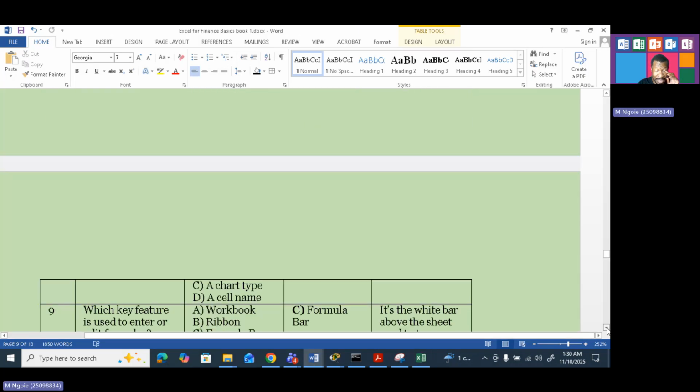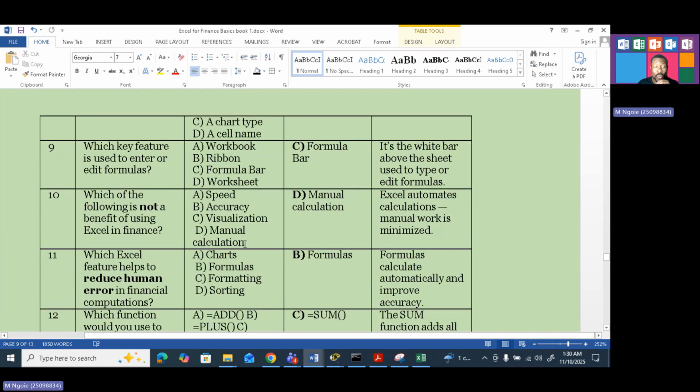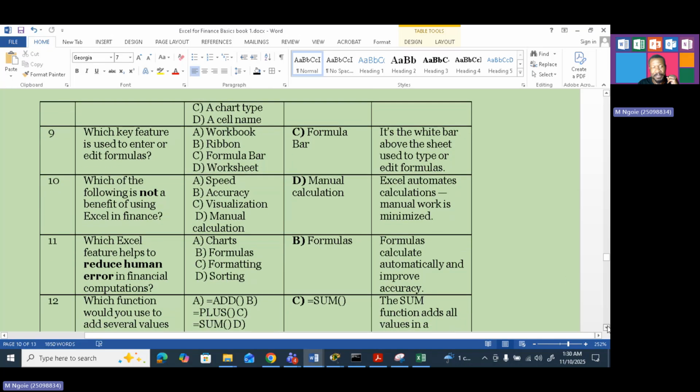And question number 9. Which key feature is used to enter or edit formulas? It's the formula bar. Number 10, which of the following is not a benefit of using Excel in finance? Manual calculations is not.